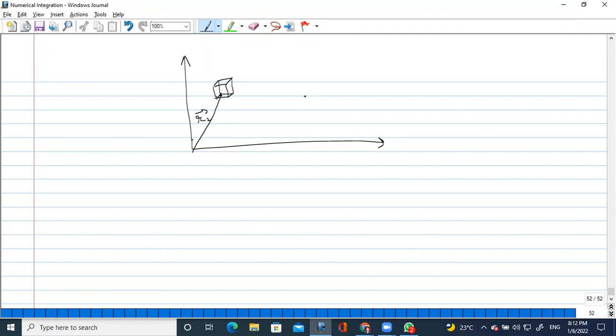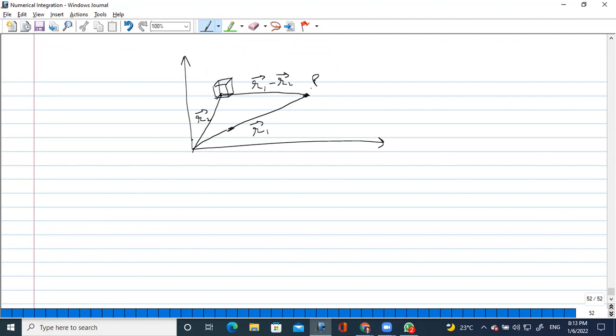And at point P, I want the potential. The position vector of this point P is R1. So this distance will be R1 minus R2.